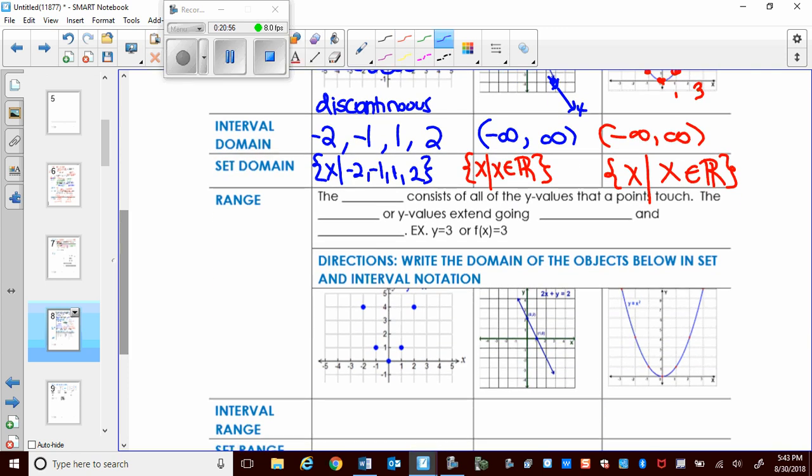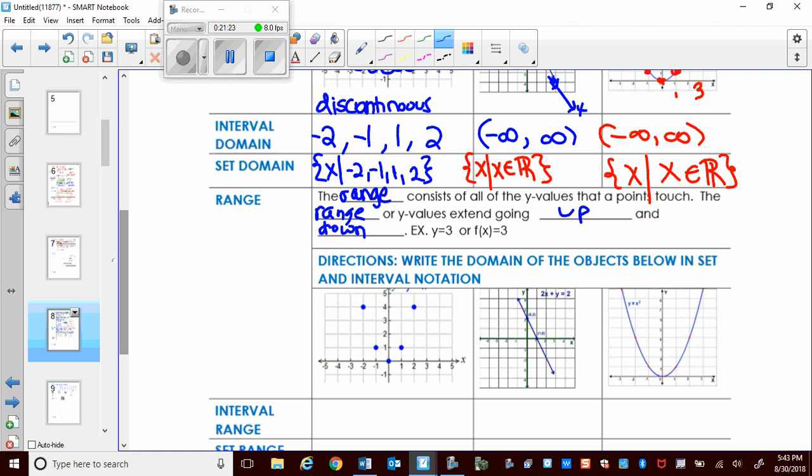Now the range consists of all y values that a point touches. The range, or y values, extend going up and going down. So my range for this part, the example is y equals 3, or we could say f of x is another way of saying y.